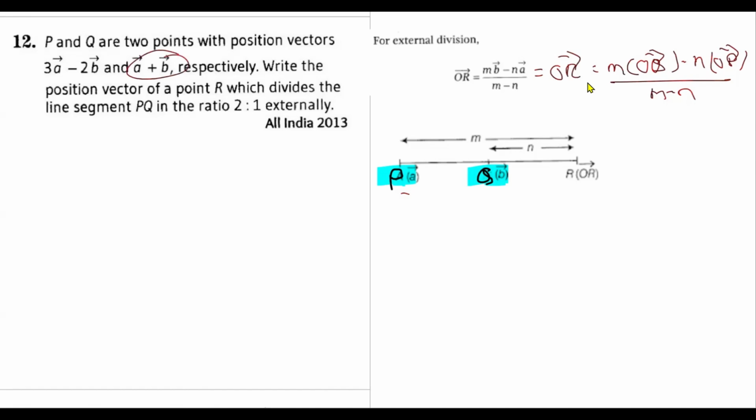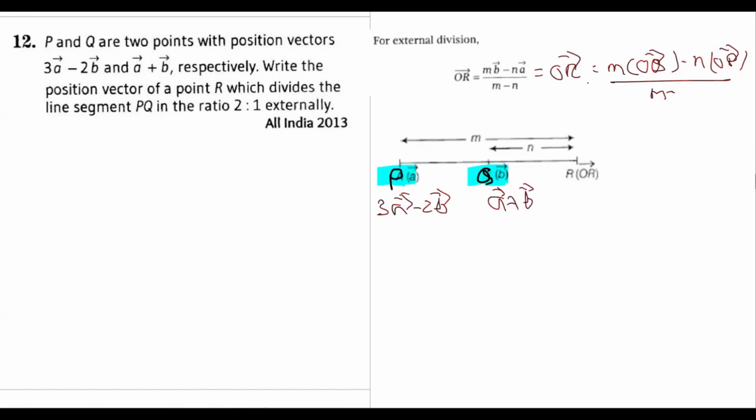A is 3A vector minus 2B, which is the OP vector, and this is the OQ vector, which I have taken as B vector here. And OR is OR only.